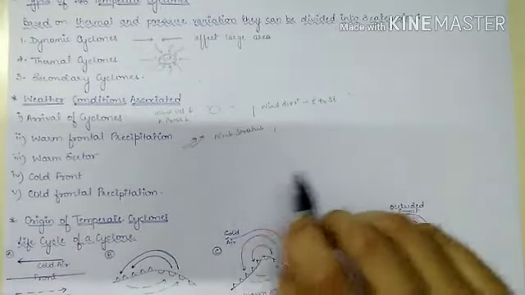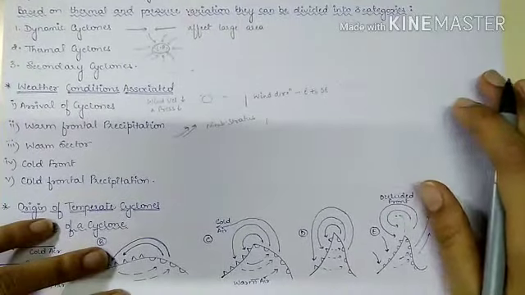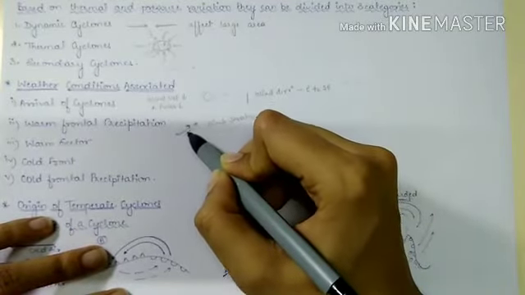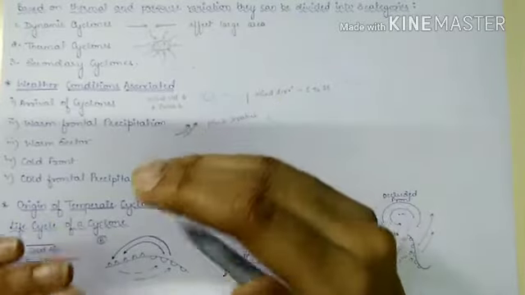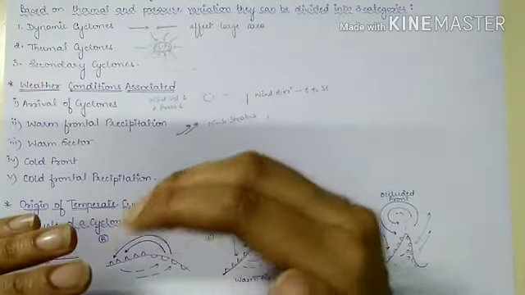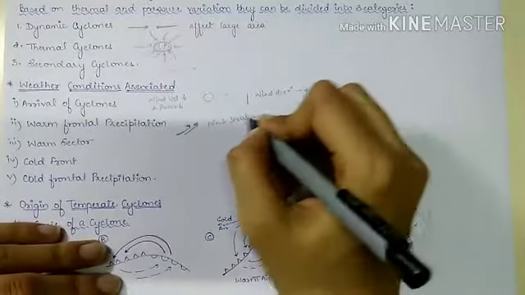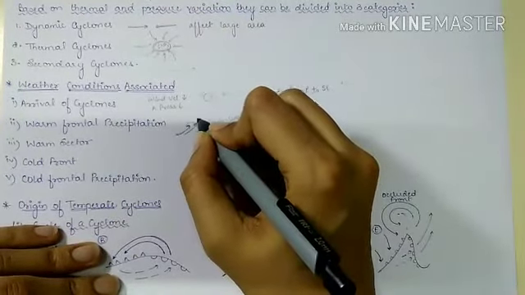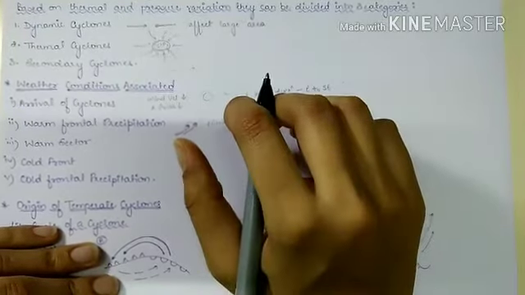Okay, now why does it happen? Because the warm air rises slowly upward, and as it rises upward, the air saturates and it condenses and it forms cloud.